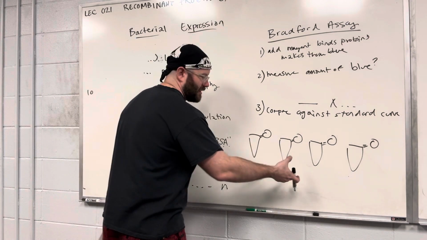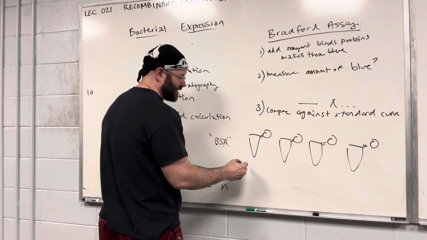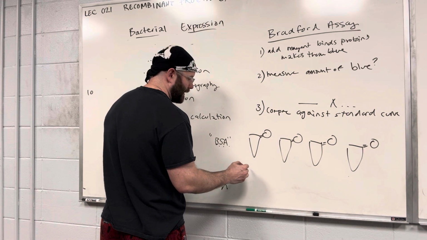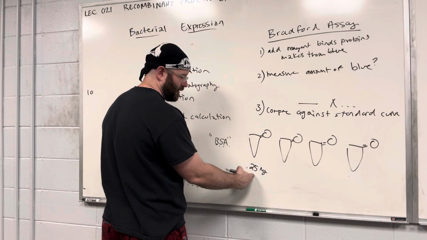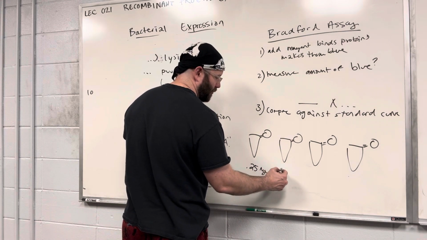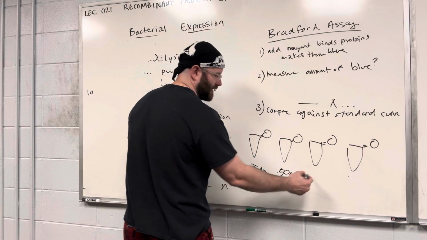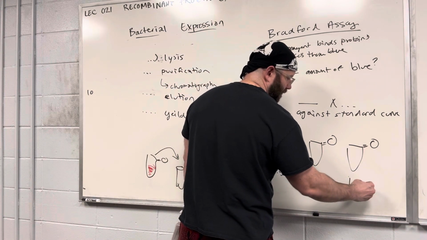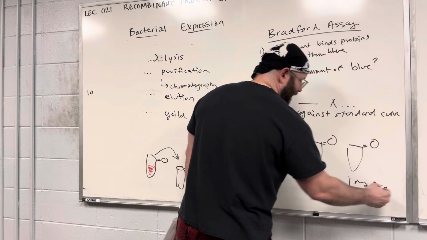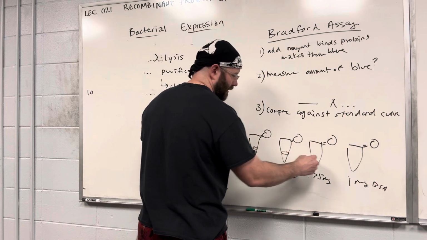So imagine in these tubes, you put something like 0.25 milligrams BSA. And here you put 0.50 milligrams BSA, 0.75 milligrams BSA, and 1 milligram BSA in each of these tubes, okay?